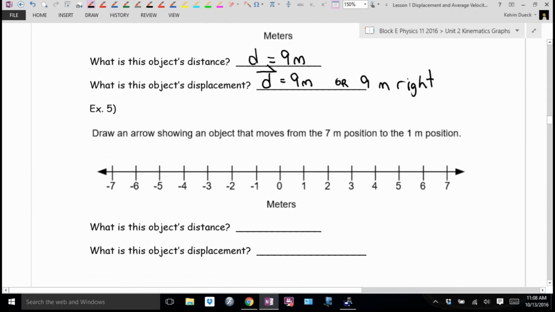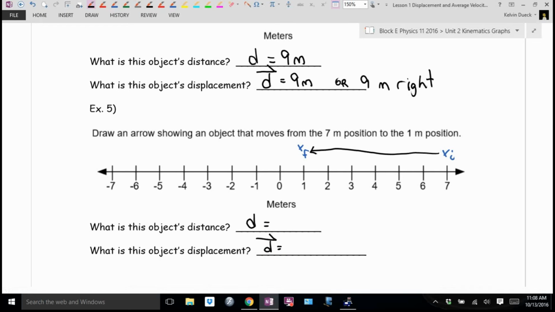Example 5 says, draw an arrow that shows an object moving from the 7 meter position to the 1 meter position. So I guess here is location X initial, here is location X final, and my arrow would look like that. What's this object's distance? Sorry? I didn't hear.